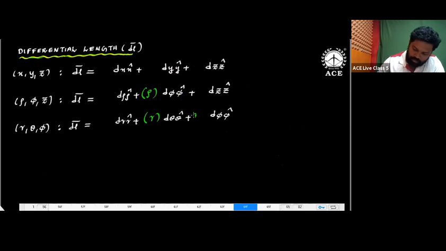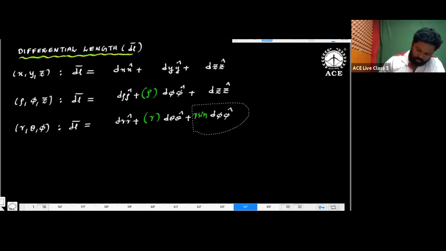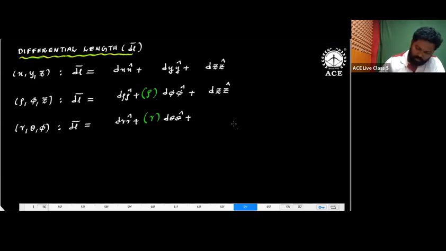So here I need to multiply with r sin theta. Here I need to multiply with a 1. Here I need to multiply with a 1.